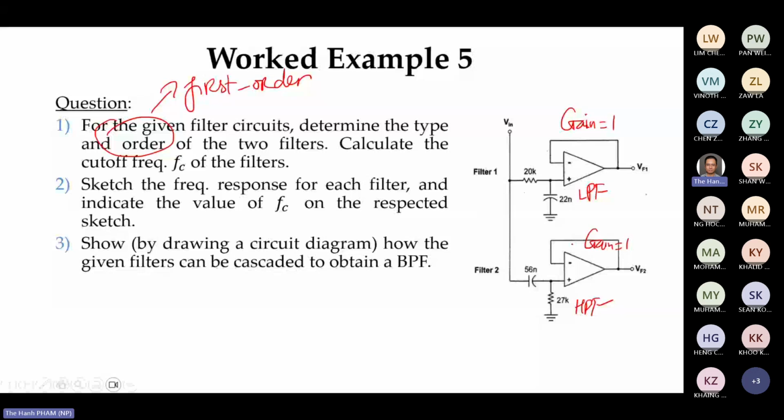R is 20k, C is 22 times 10 to the minus 9. Okay, let me write down.